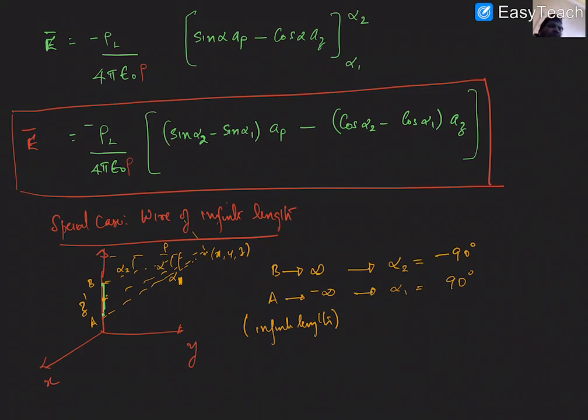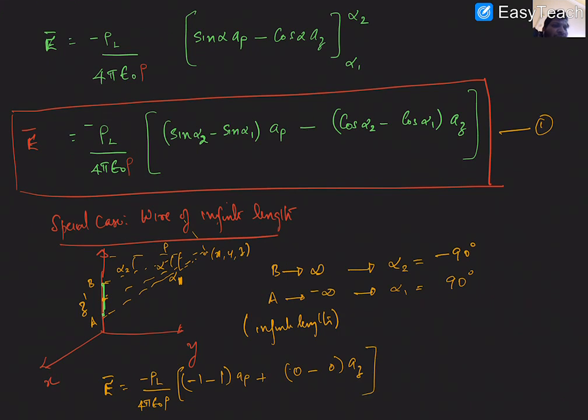So we will substitute in equation 1. So this will become electric field is equal to minus rho L by 4 pi epsilon 0 into rho, sine of minus 90 is minus 1, minus sine of 90 is 1, so minus 1 minus 1, then into a rho plus cosine of alpha 2 becomes 0 because cosine of minus 90 is 0 and cosine of 90 is also 0, and into az.